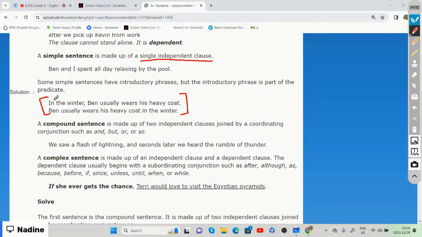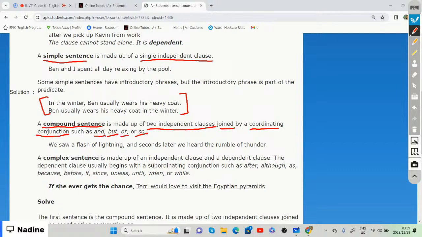Then we have a compound sentence, right? And a compound sentence is made up of two independent clauses, which are joined by a coordinating conjunction. And remember a coordinating conjunction, right? It's words such as and, but, or, so, right?